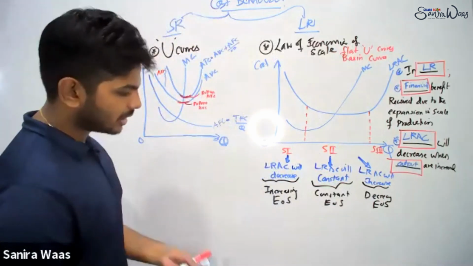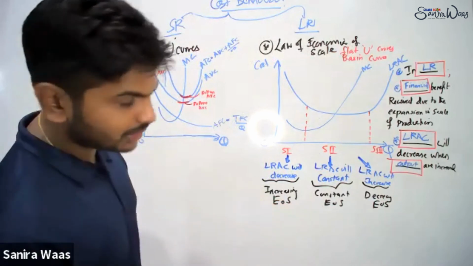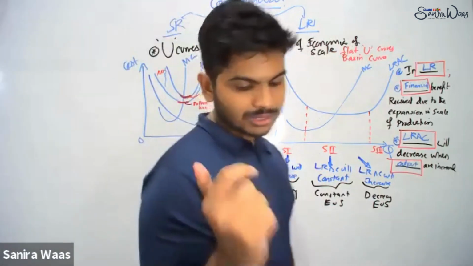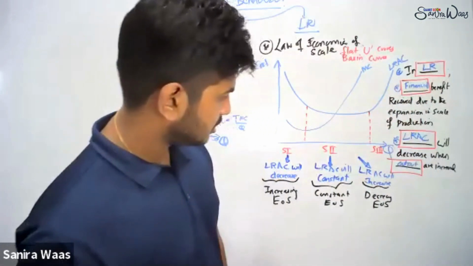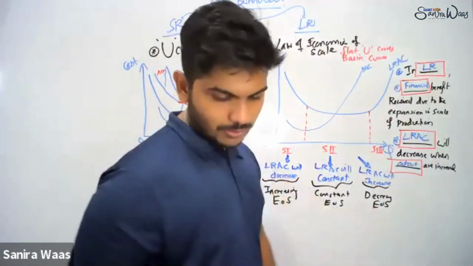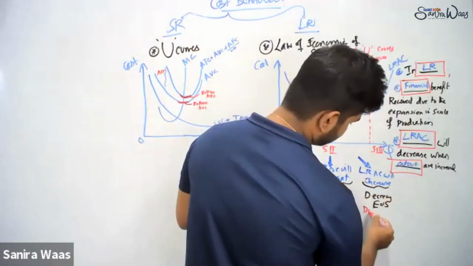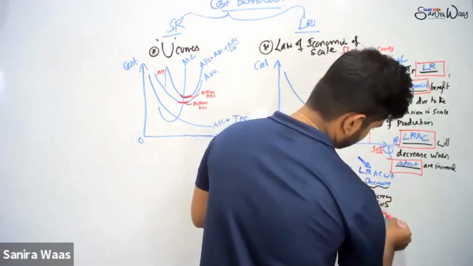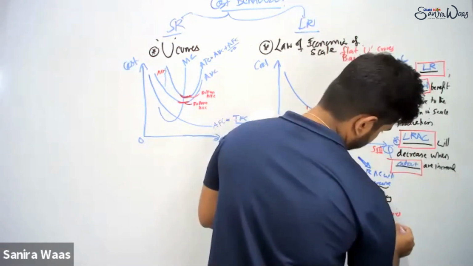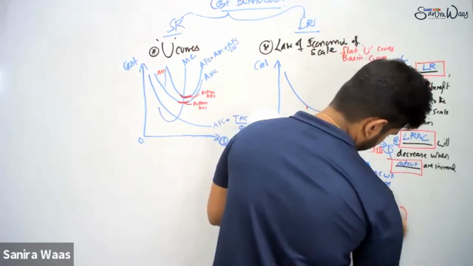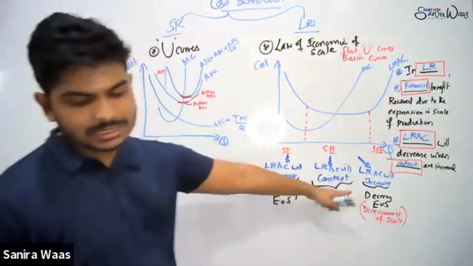Right? Okay, now tell me what are the reasons for increasing economies of scale? You can also call this diseconomies of scale, or else decreasing economies of scale.